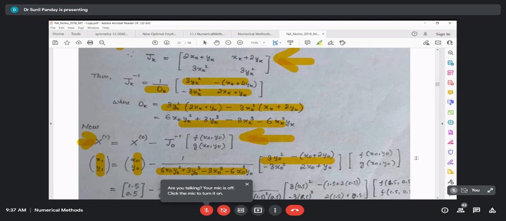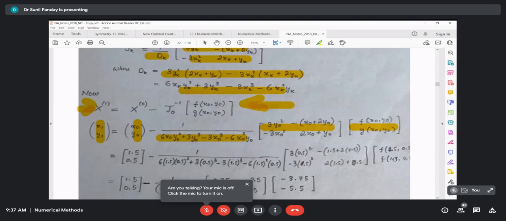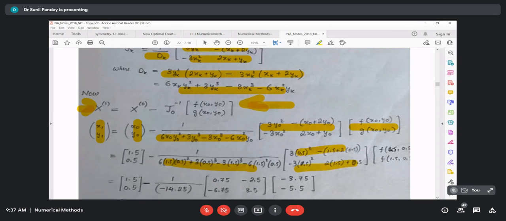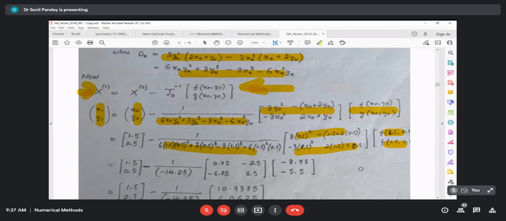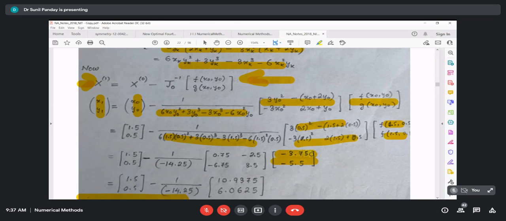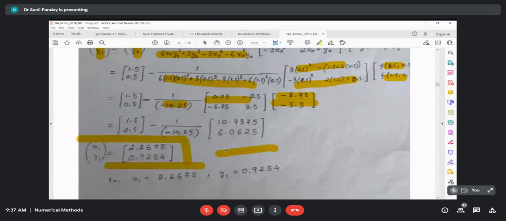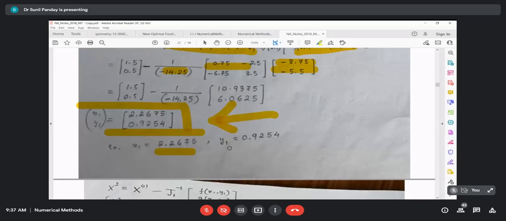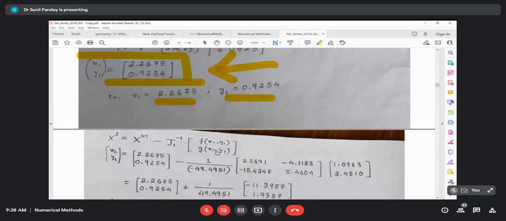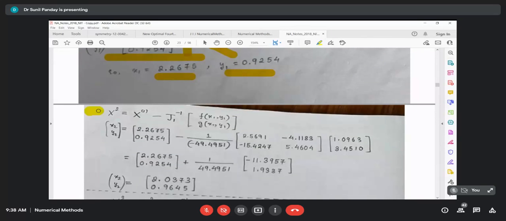Similarly, this f is this one, and then substituting all these values, x equals 1.5 and y equals 0.5, I will get this as the f matrix. Then multiplication and simplification, you will get x1, y1. So these are the next better approximation of the root.